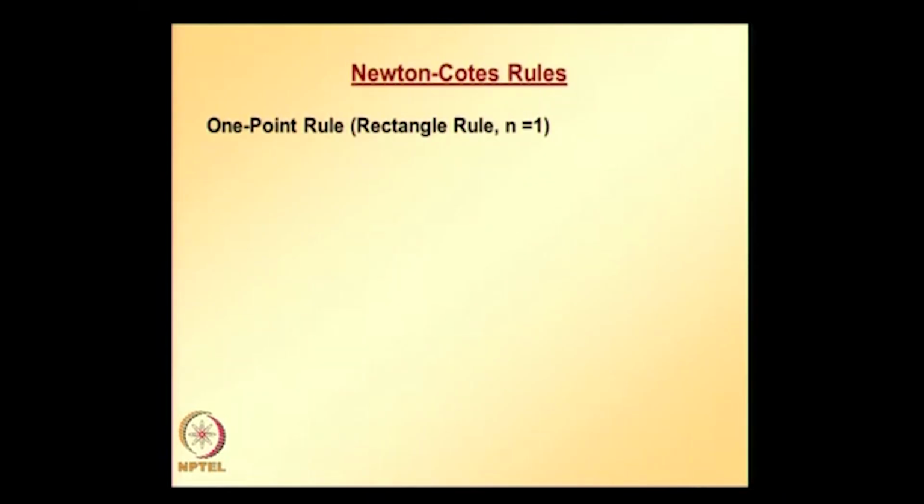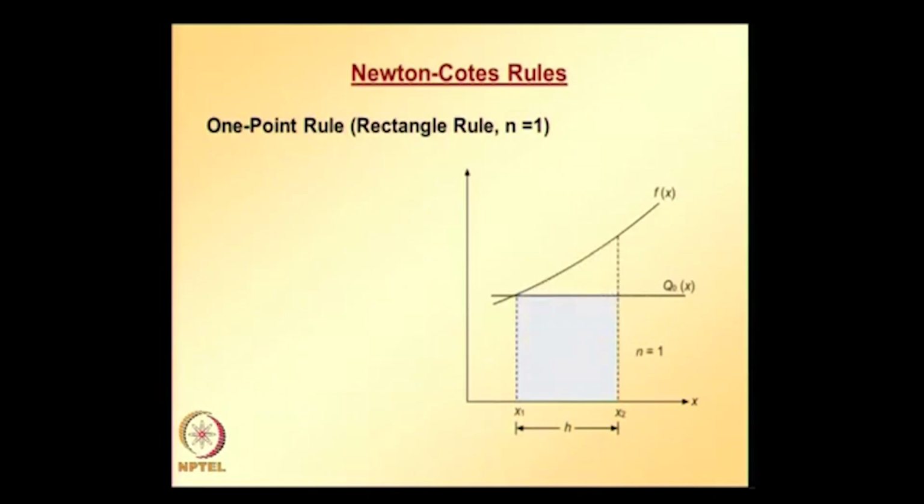And in rectangle rule, basically for numerical integration purpose, we are going to evaluate function at one point. So, n is equal to 1. So, basically in rectangle rule, if you have a function f(x) to evaluate integral f(x) within the limits x1 to x2, it is approximated as the function value at one of the points, that is the lower bound, that is x1, function value at x1 multiplied by a weight.